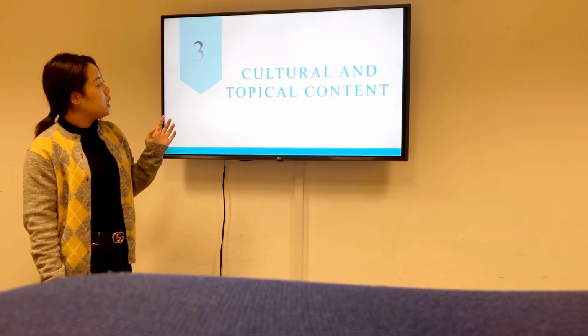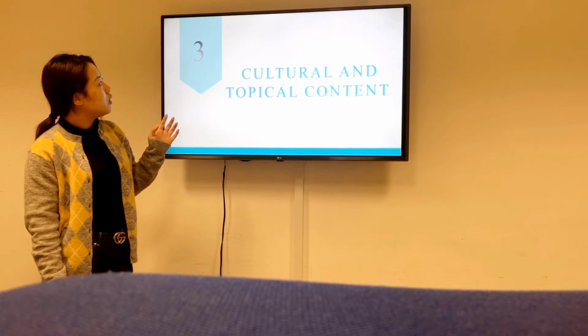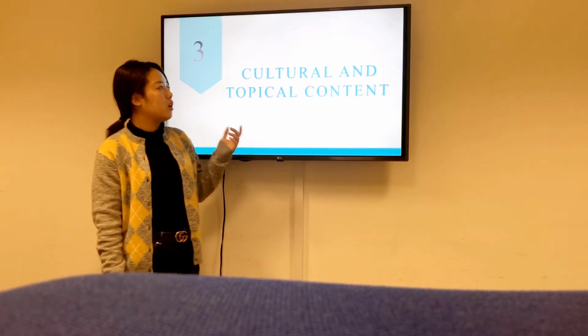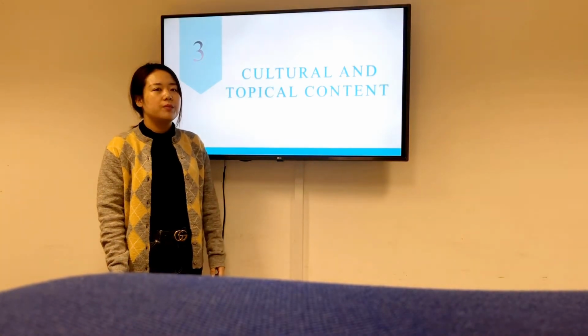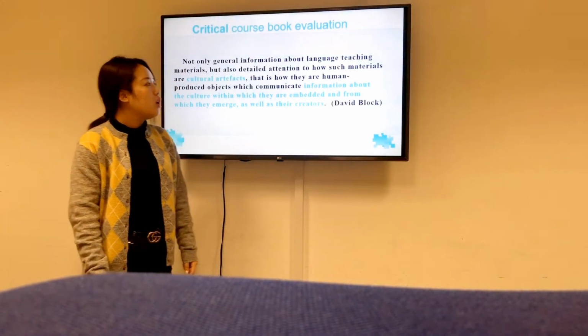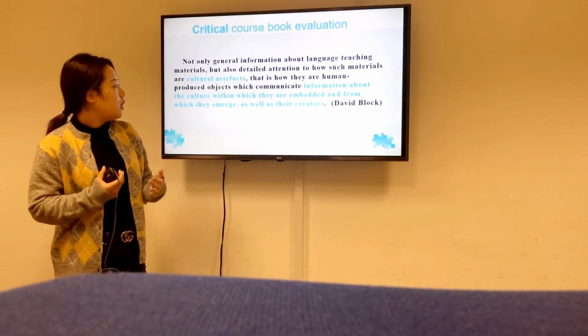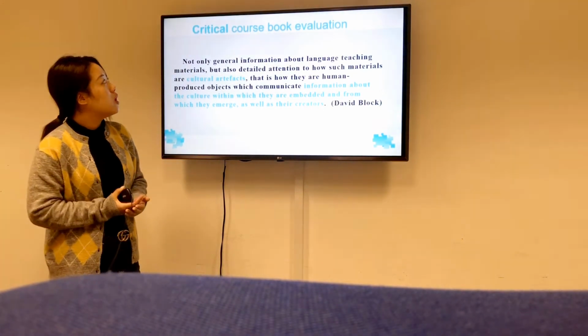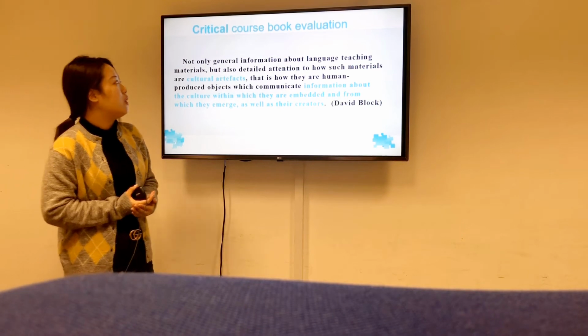So when we come to the third part, that is the cultural and topical content. So first, I want to talk about the cultural content. You know, in the class, we talked about the critical course book evaluation.